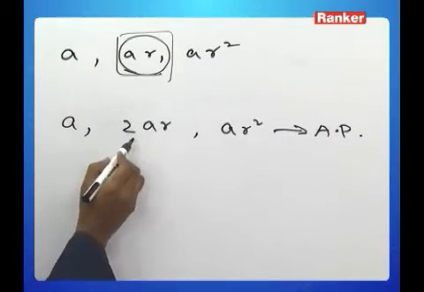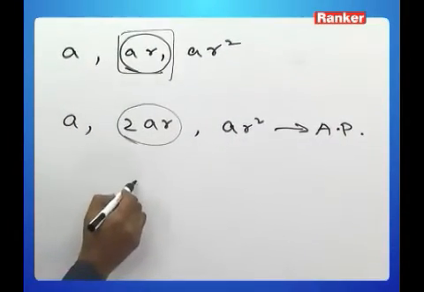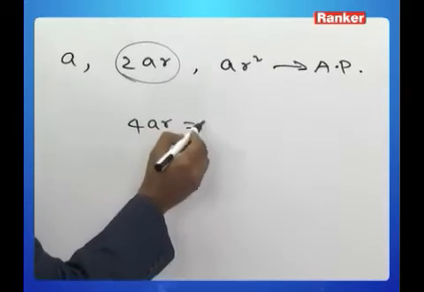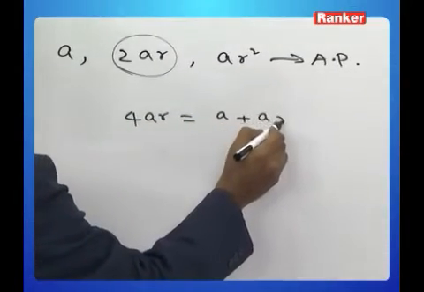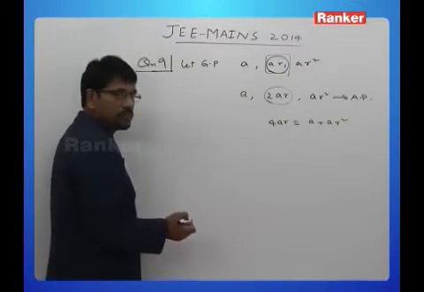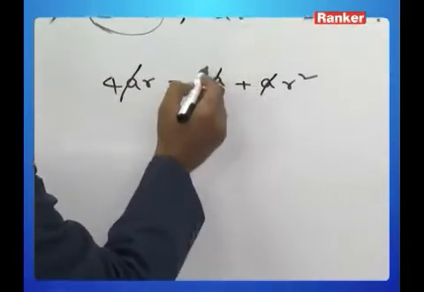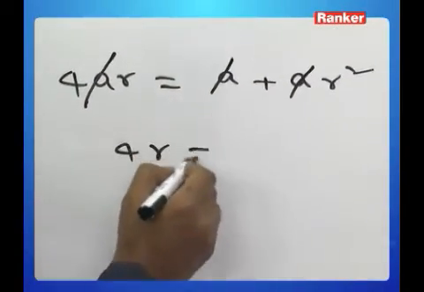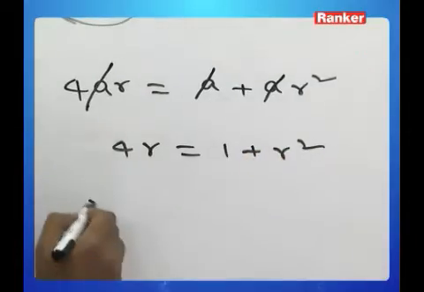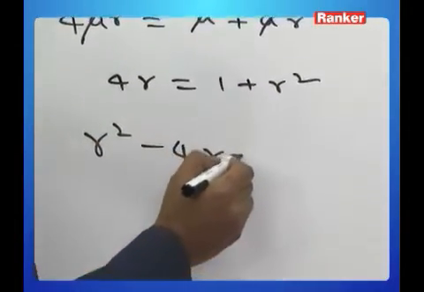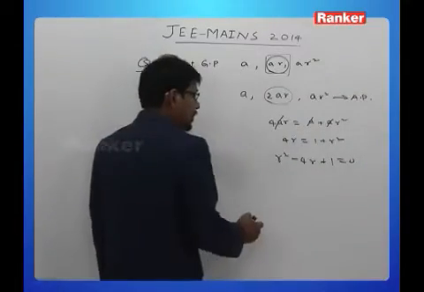So that means that a double of the middle one, that is 4AR, will be equal to A plus AR square. Okay, so we can cancel out A here, and then we have 4R is equal to 1 plus R square. R square minus 4R plus 1 is equal to 0.